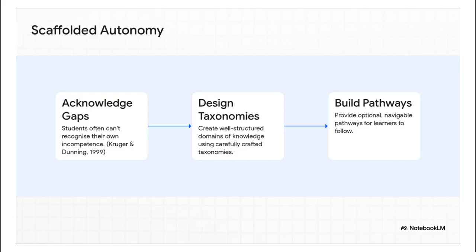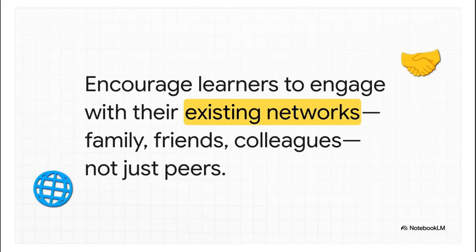In other words, we give them a map, but we let them choose the route. And what's cool about this on-demand approach is that it forces us to rethink what we even mean by a learning community. Instead of just the other students in the class, why not encourage them to tap into the networks they already have? Their colleagues at work, their friends, their family.